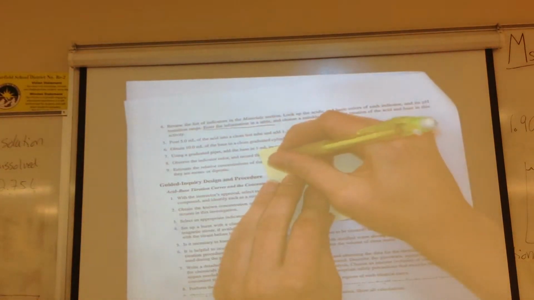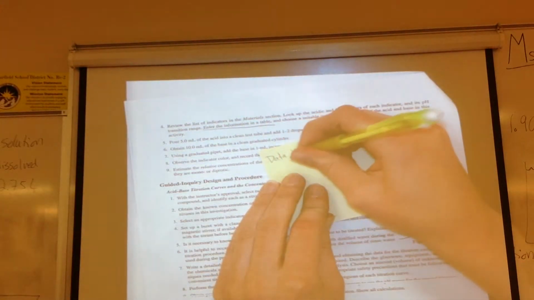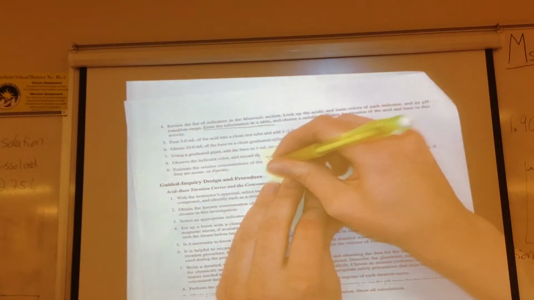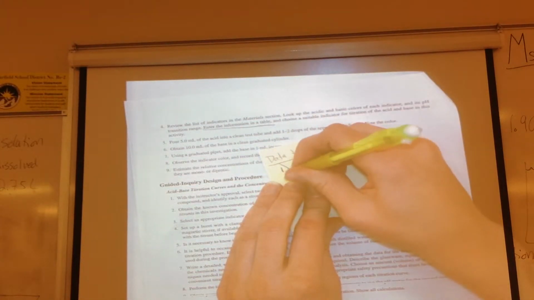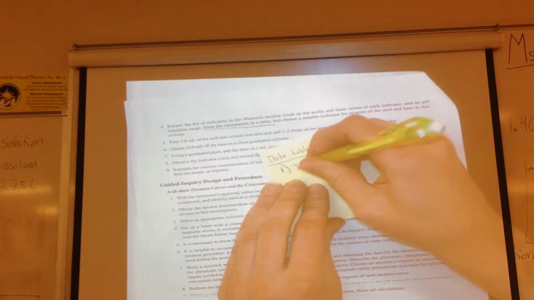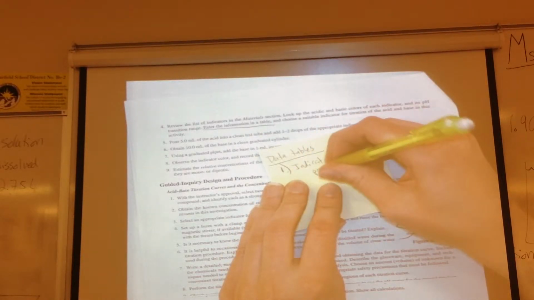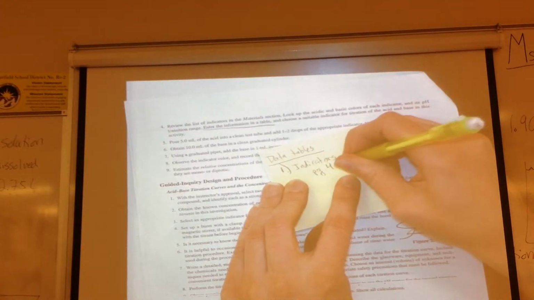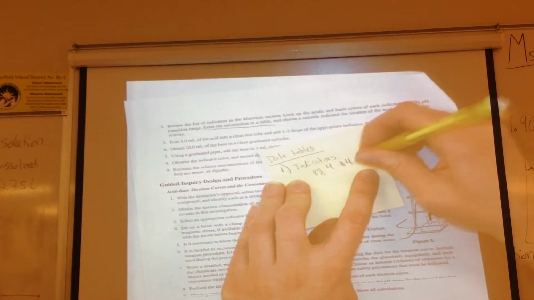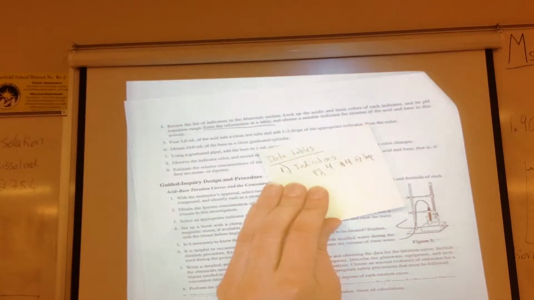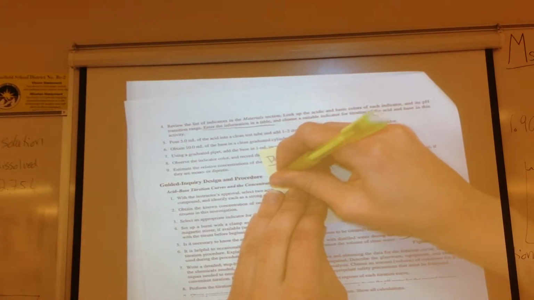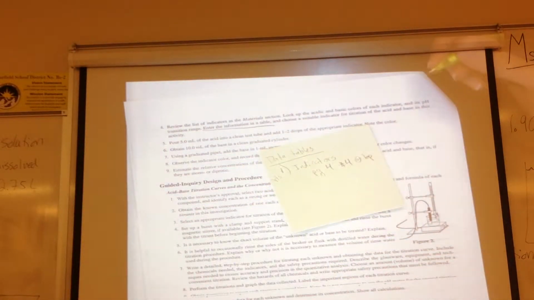So your data tables, there will be 3 total. The first one is for your indicators. So this is page 4, number 4 at top. Taking that one for 3 points, 1 for each of the indicators.